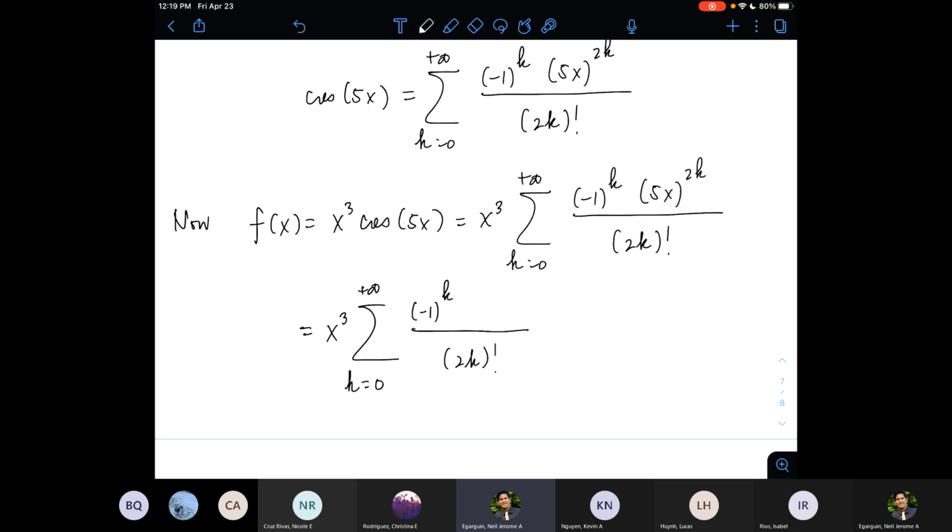I'll have a negative 1 to the power k. Now this is 5 times x raised to the 2k, so I'll split them up into a product of powers. So the laws of exponents tell me this would be 5 to the power 2k times x to the power 2k, right? But this guy can be further simplified.